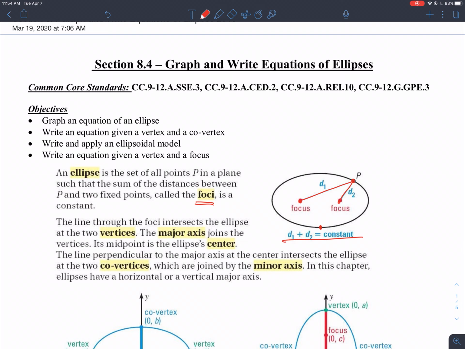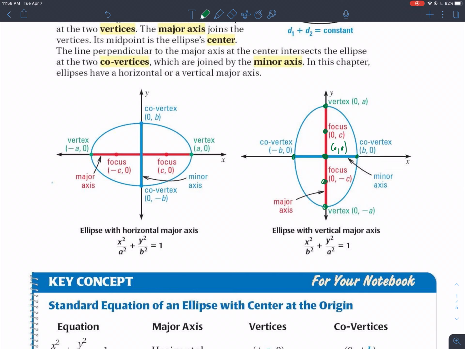Okay, and just remember that the center for all of the ellipses we're doing in this section is 0, 0. It's the origin, and that the center bisects the major axis, the minor axis, and the distance between the foci. Okay, and the variables are very important.